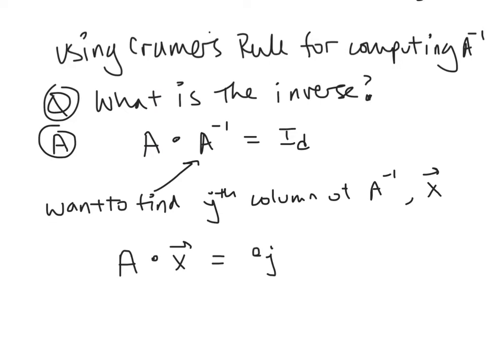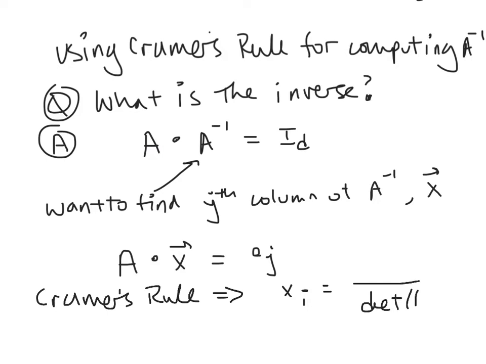Alright, so what can we do? Well, we can use Cramer's rule. So what does Cramer's rule tell us? Well, Cramer's rule tells us that xi should be equal to the determinant of A in the denominator and the determinant of Ai of ej in the numerator.